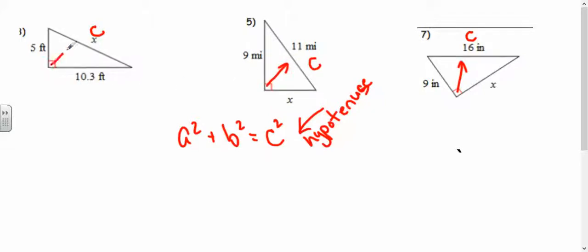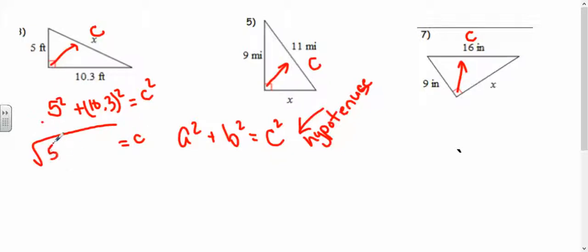All right, so if we were wanting to find the x or the c value here, we would say 5 squared plus 10.3 squared is going to equal our c squared. So in order to find c, we would need to find the square root of these. 5 squared plus 10.3 squared. So whatever that is in the calculator, that would be your c.